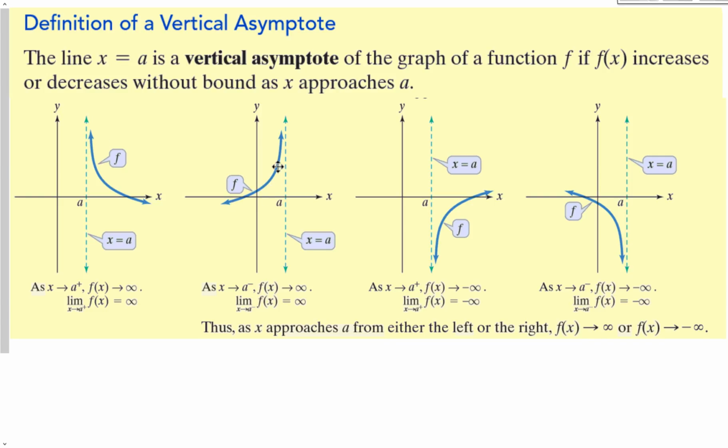Here, the limit as we approach a from the left is infinity. Here, the limit as we approach a from the right is negative infinity. And here, the limit as we approach a from the left is negative infinity. In all of these cases, as we get closer and closer to these vertical asymptotes, the graph is going straight up or straight down.